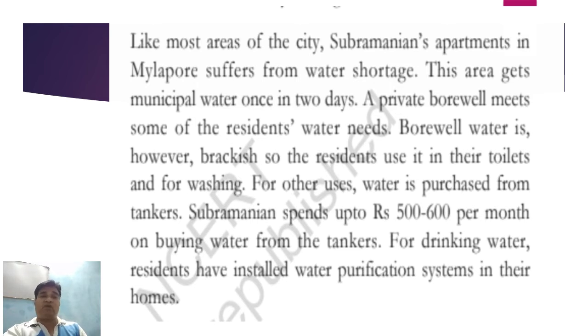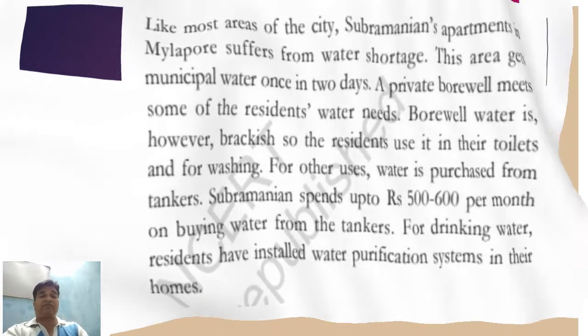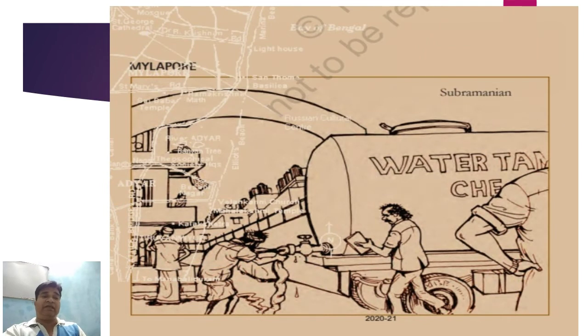There is a borewell, but from that borewell very dirty water comes out, and that dirty water they use in their toilets and for washing clothes. And then they call a tanker. Subramaniam calls a tanker, and he has to spend 500 to 600 rupees to buy water from that tanker. So you can see the example in the picture.